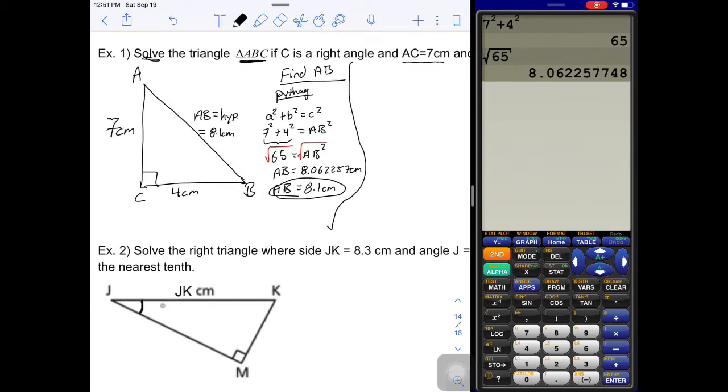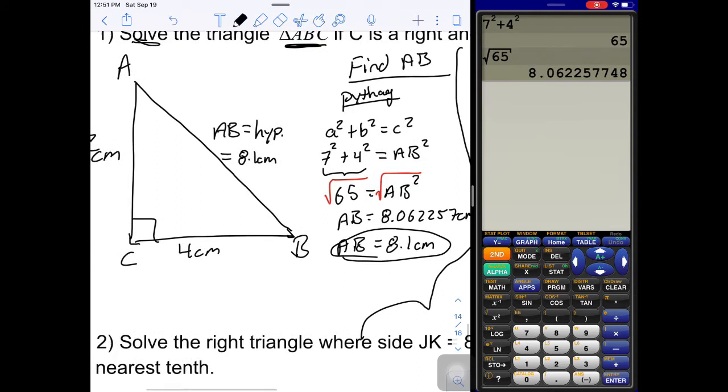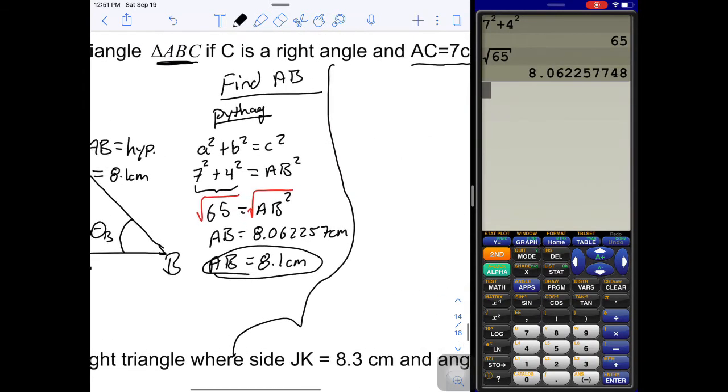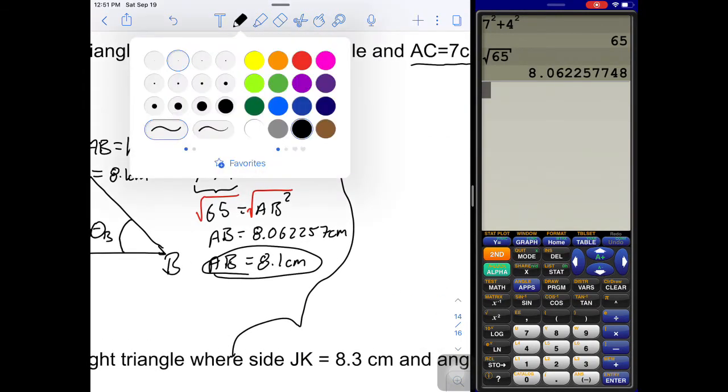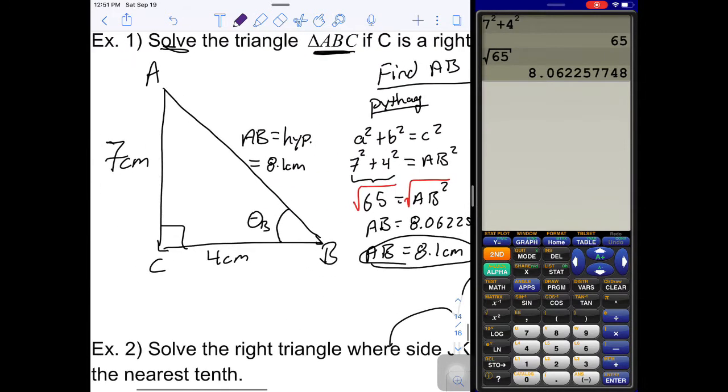Now, let's work on solving for one of these angles. Okay, so let's maybe focus on finding angle B here. Find angle B. Let's look at all the things we're given in our triangle. So we were given 7 and 4.